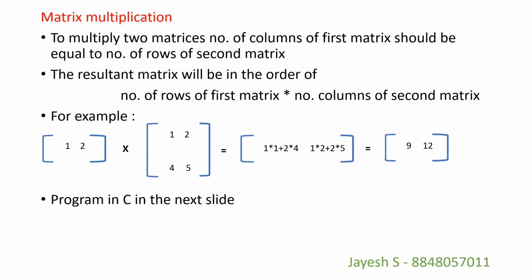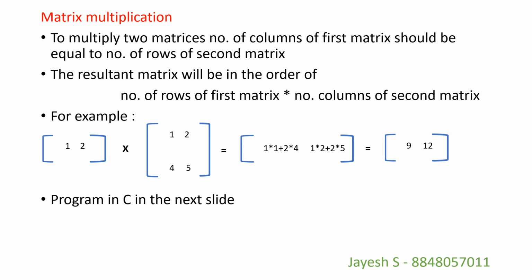First point: to multiply two matrices, the number of columns of the first matrix should be equal to the number of rows of the second matrix. Then only we can perform multiplication between two matrices.